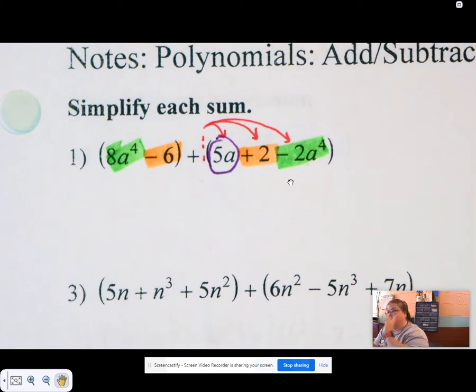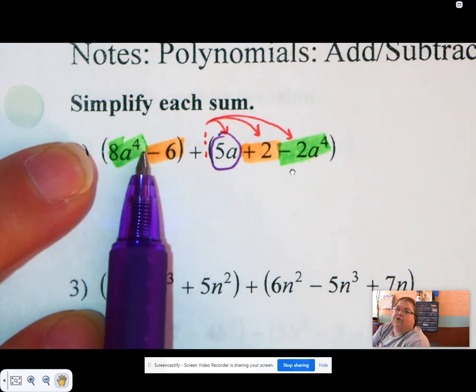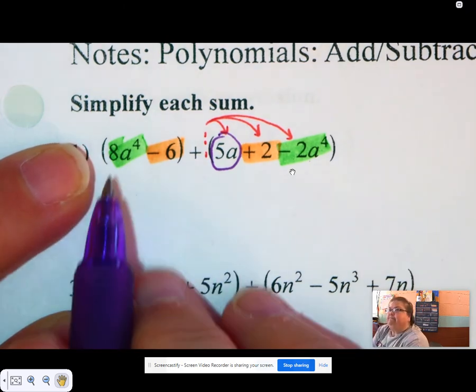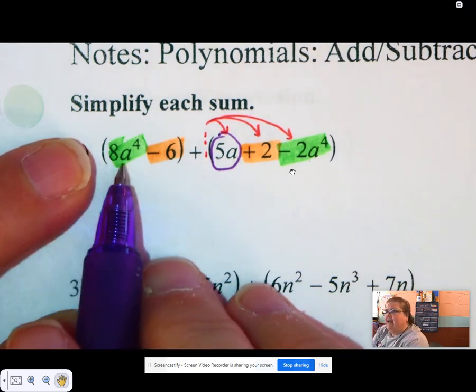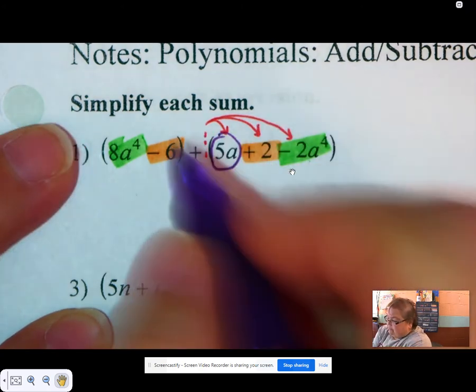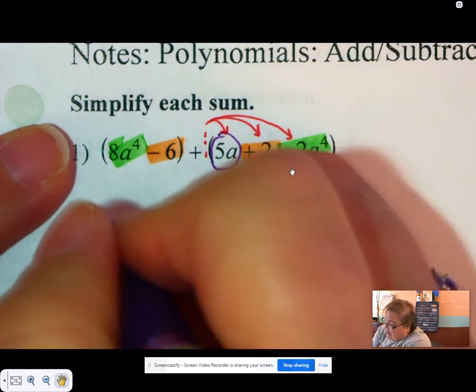Okay, very good. So what I'm going to do now is start here and go, 8a to the 4th. Everybody turn your calculators on and reset them, please. Okay. What is 8a to the 4th minus 2a to the 4th? 6a to the 4th.